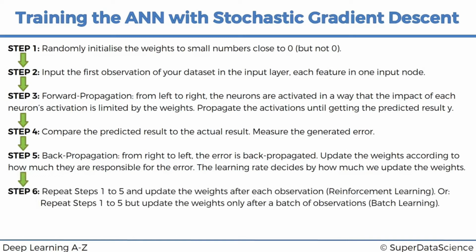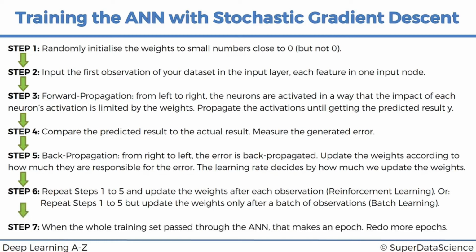Step 6, repeat steps 1 to 5 and update the weights after each observation. That is called reinforcement learning, and in our case, that was stochastic gradient descent, or repeat steps 1 to 5 but update weights only after a batch of observations. So batch learning, it's either full gradient descent or batch gradient descent or mini batch gradient descent.